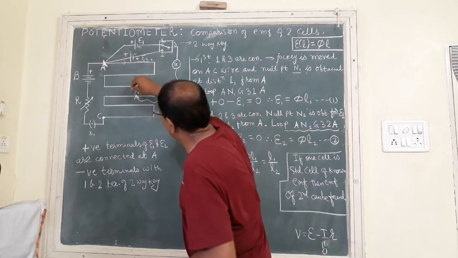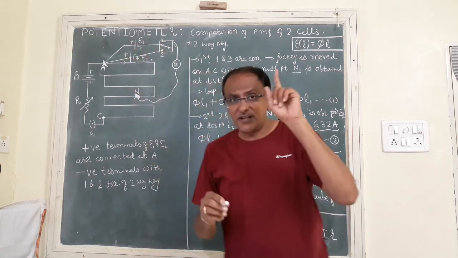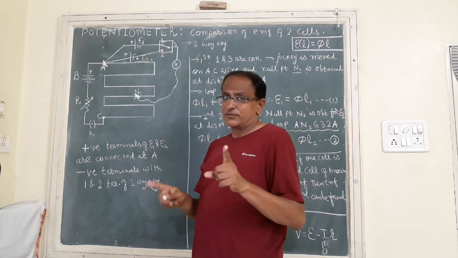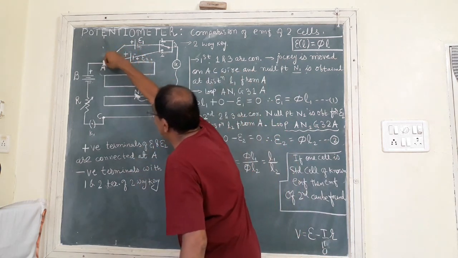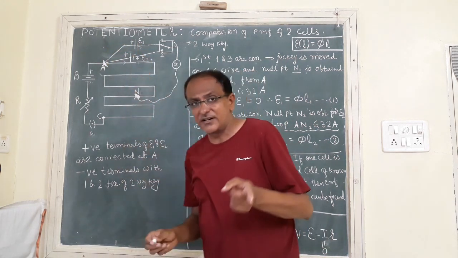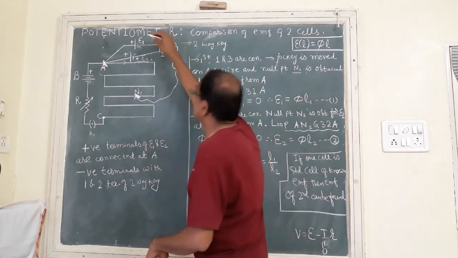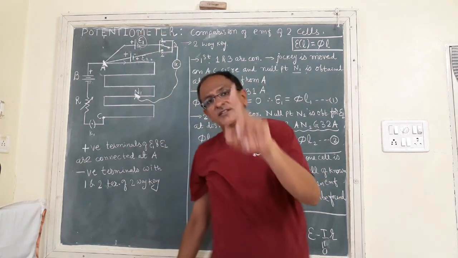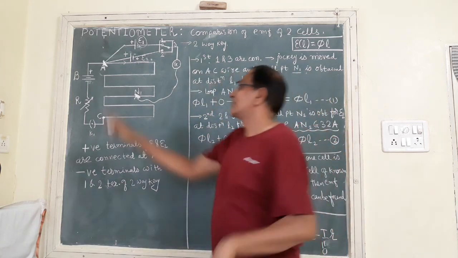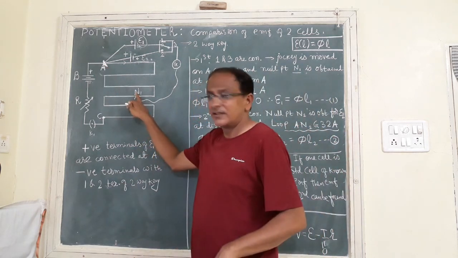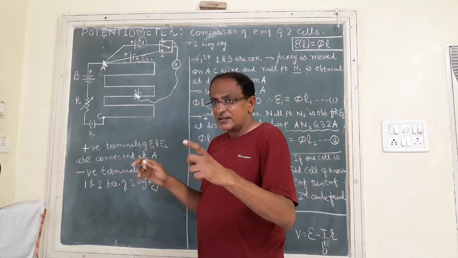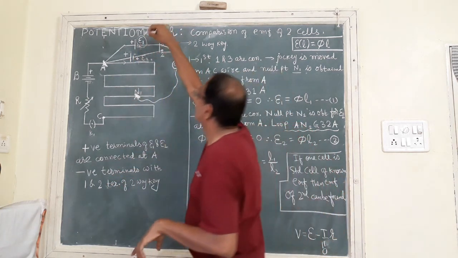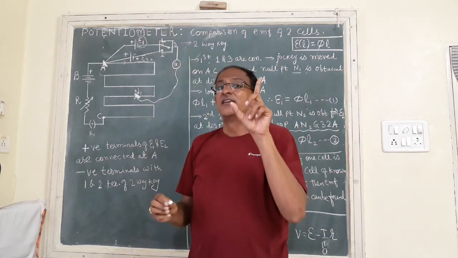The potential difference between A and N1 is equal to the electromotive force of this cell.